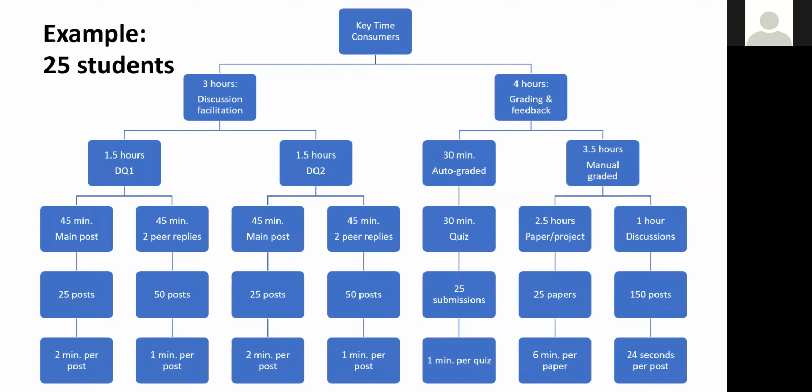And so we have to realistically think about, how much time can I invest in any given student post, in any given assignment, in any given grading? And if I need to invest more time because I can't do it that quickly, then I'm going to have to find somewhere else to take away that time, because time is limited. Adding tasks somewhere has to take away tasks somewhere else.